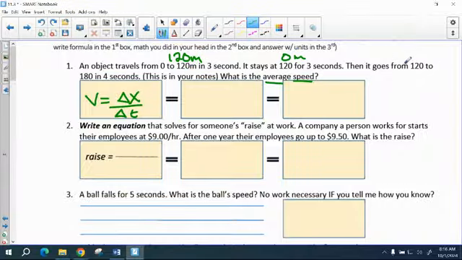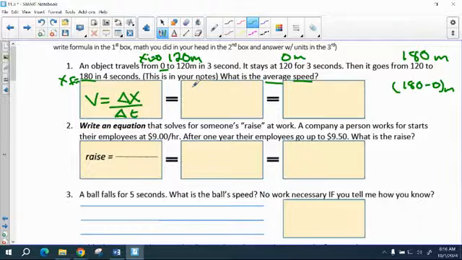And then it goes from 120 to 180 in 40 seconds. So it ends up going a total of 180 meters total, right? So if I were to do the math on that, that would be 180 meters minus 0, because this is the initial position of 0, and this is the final. So this would be x final, and x initial would be 0. So this whole thing becomes 180 meters.